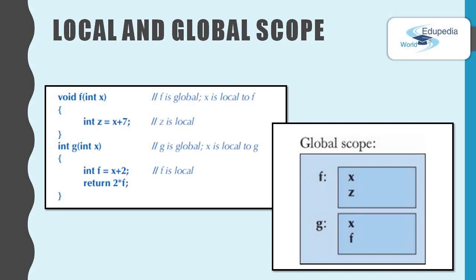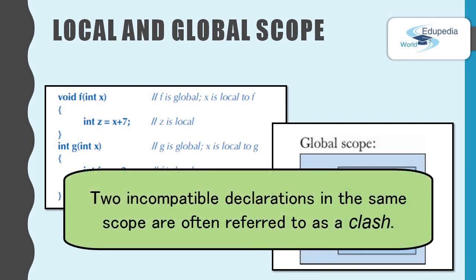They don't clash because they are not in the same scope. The parameter x in the function f is local to function f, and the parameter x in the function g is local to function g. Two incompatible declarations in the same scope are often referred to as a clash.